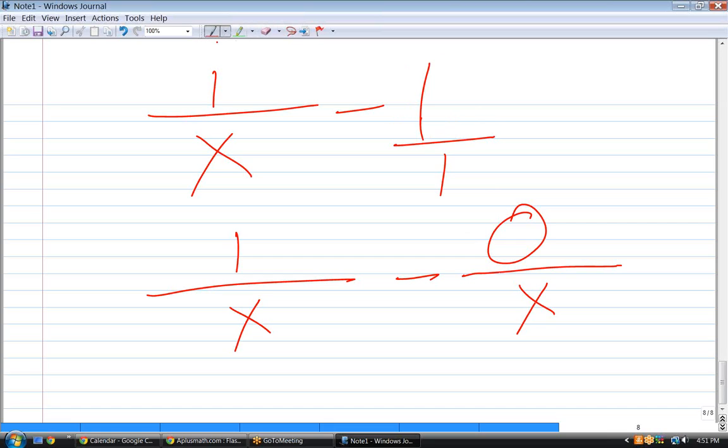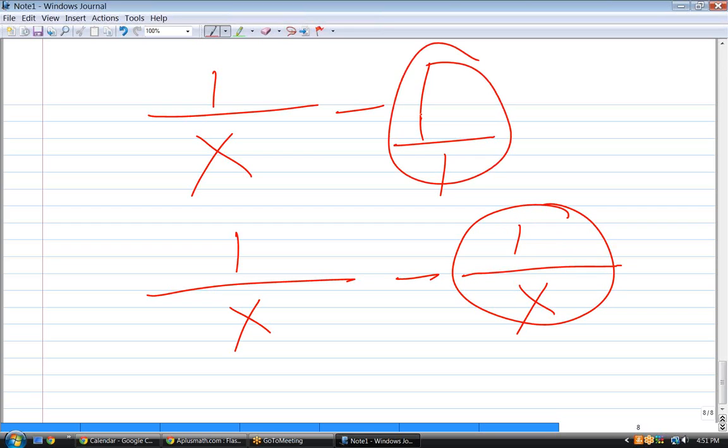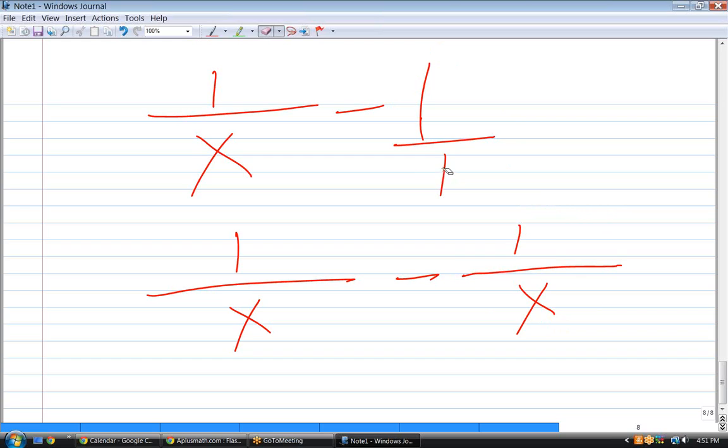So it becomes 1. Well, now check and see, is this the same as that? 1x, no, it isn't. This is the number 1. This is 1 over x. Oh, yeah. So if we do it, divide 1 into x goes x times.